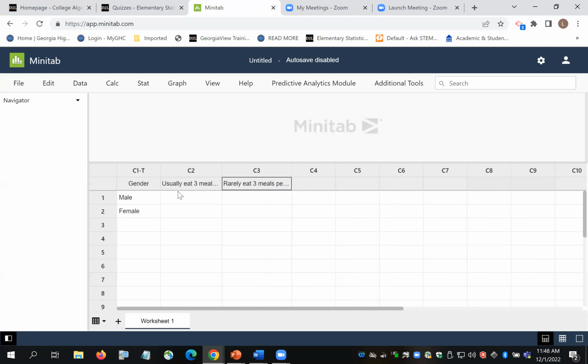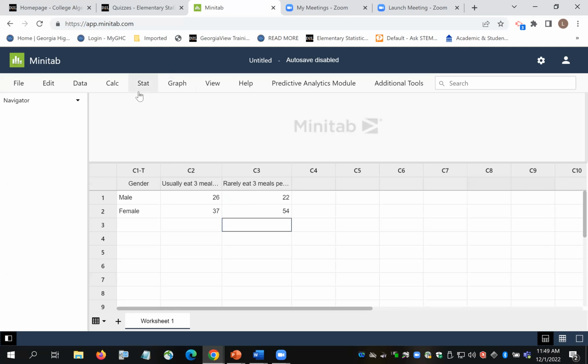Then we fill in the numbers. Whoops, Miss Ralston's in the wrong blank. She's having trouble this morning. Okay, so we get the data entered.